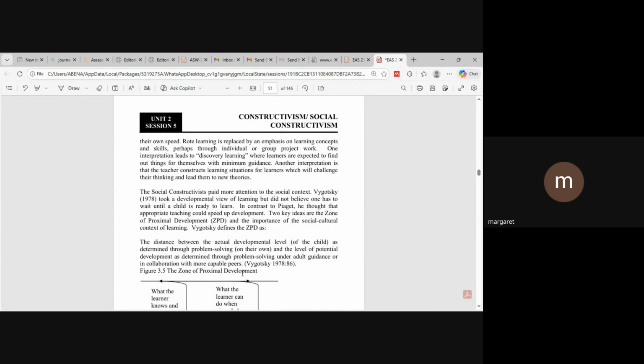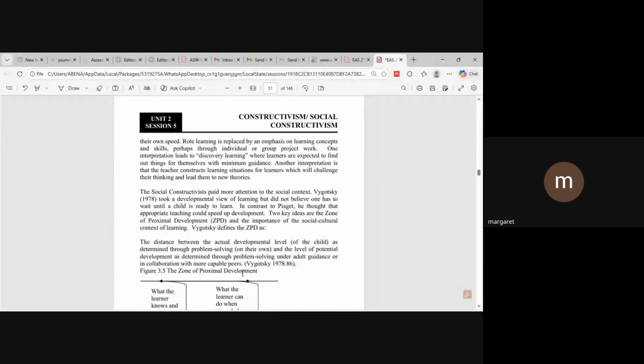Now, essential with the constructivist perspective is what we call the social constructivist perspective. They are looking at constructivism from the social perspective. They believe that the learner is able to construct new knowledge with the help of their social environment.